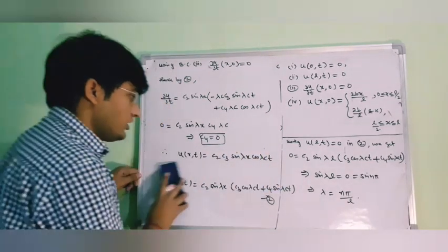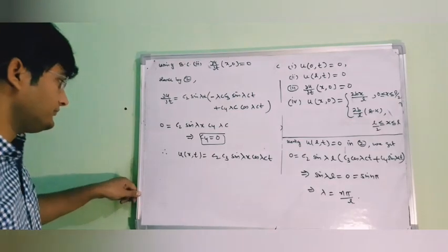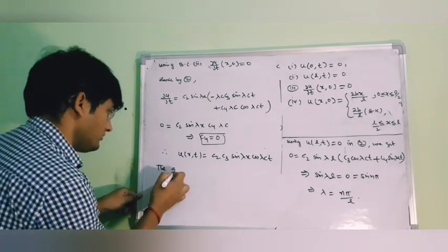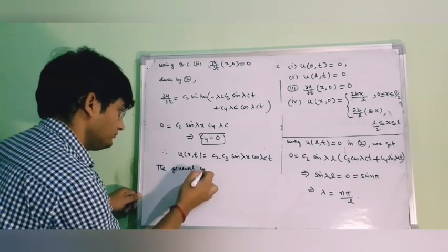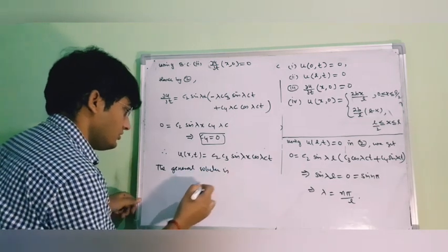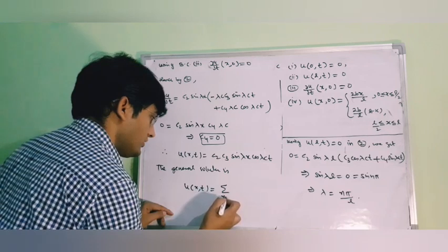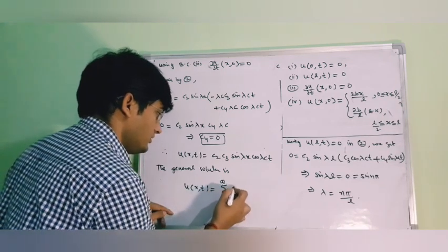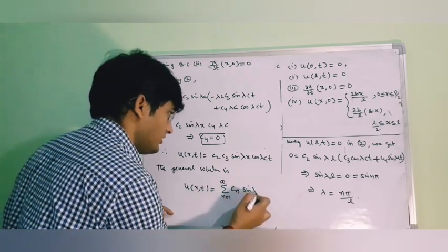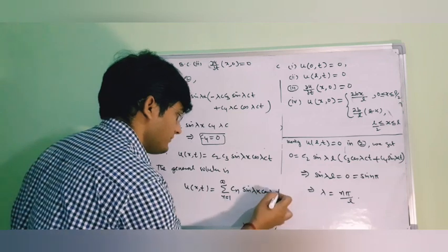And the most general solution is u(x,t) equal to summation n equal to 1 to infinity cn sin lambda x into cos lambda ct.